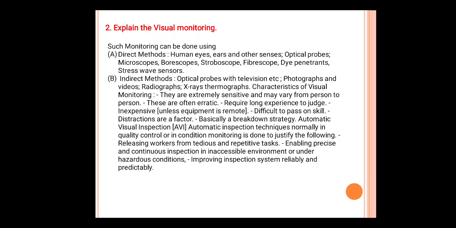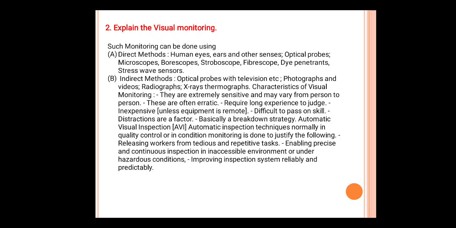It requires long experience to judge, so to judge that type of defects, long experience is required. Inexpensive, but skill is difficult to pass on. Distractions are a factor. If distraction occurs during the working time, then we can judge that some type of problem has arisen, basically a breakdown strategy.